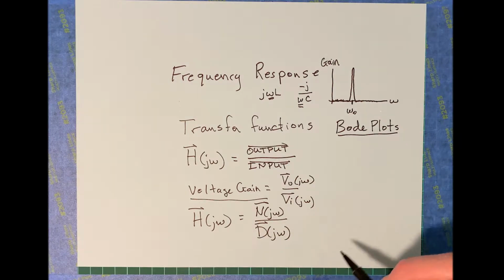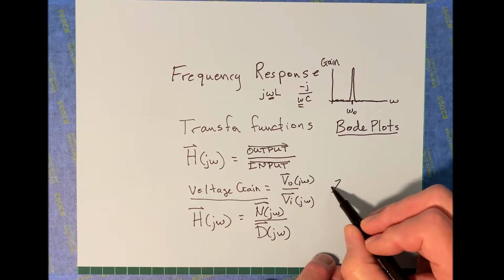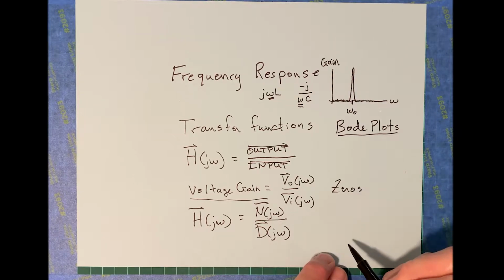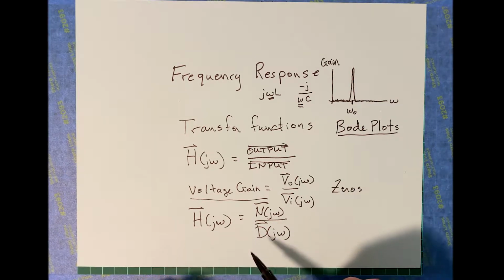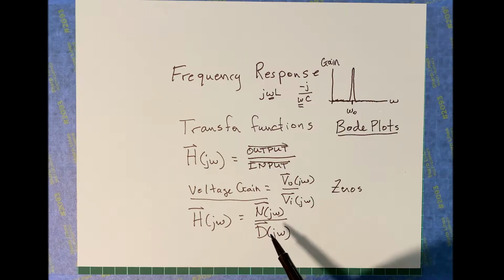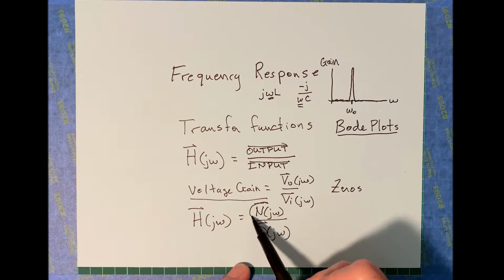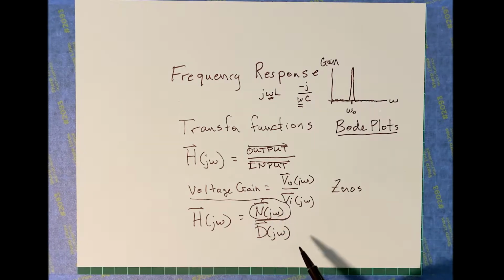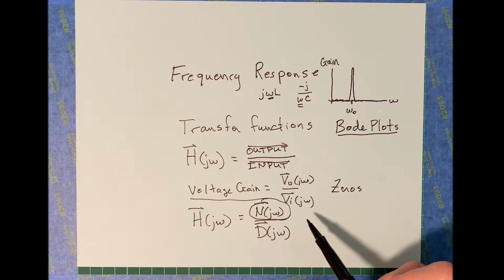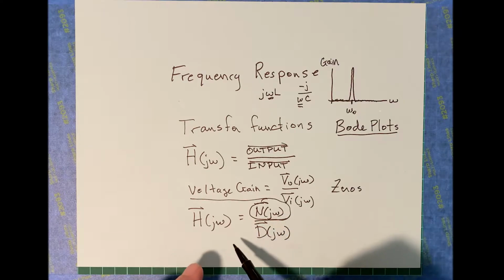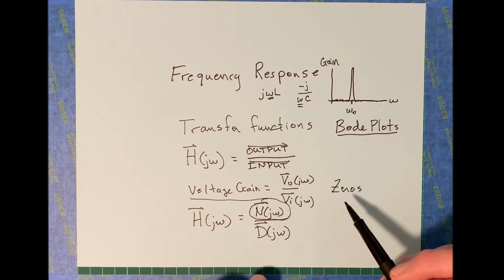Something regarding transfer functions are things called zeros. Zeros are where you have the transfer function equal to 0. Now, where does that happen? That happens where you've got this numerator equal to 0. So where is that equal to 0? Well, you just set it equal to 0, and that tells you where the transfer function is 0. So those are called zeros.